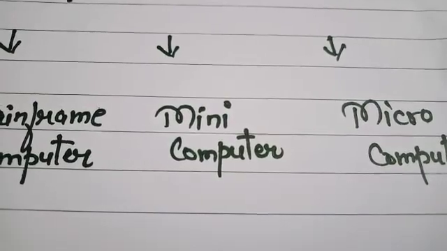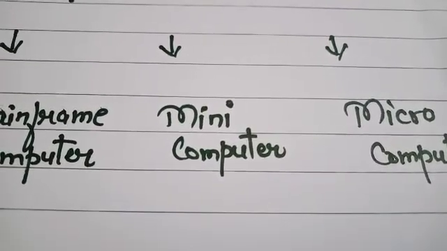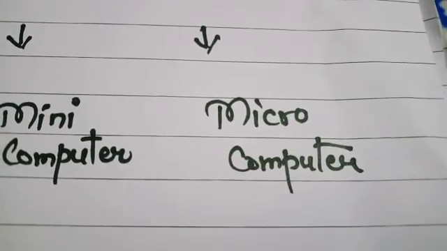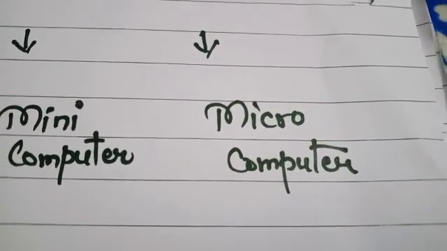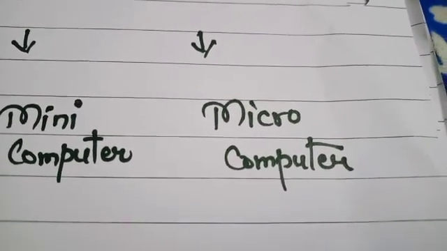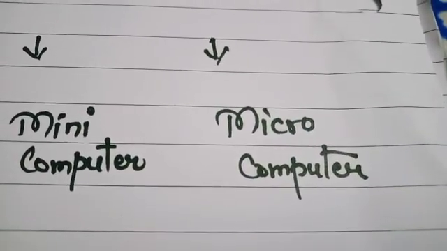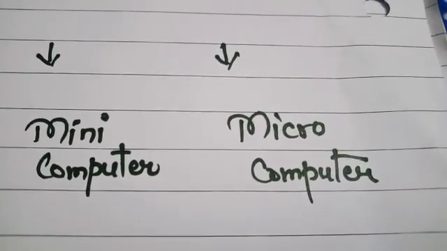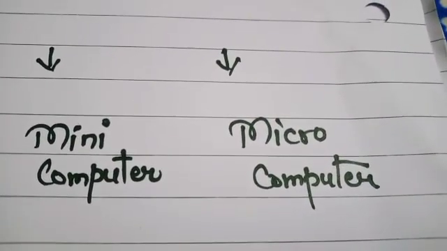PDP-8 is used in banks, universities, and big organizations. Then come to the microcomputer. IBM PC is usually designed for personal use, used in homes, schools, offices, shops, banks, etc. Laptop, tablet. These are examples of microcomputers.